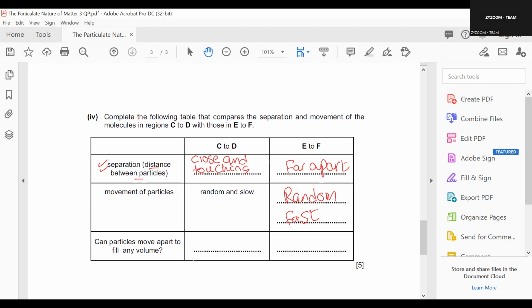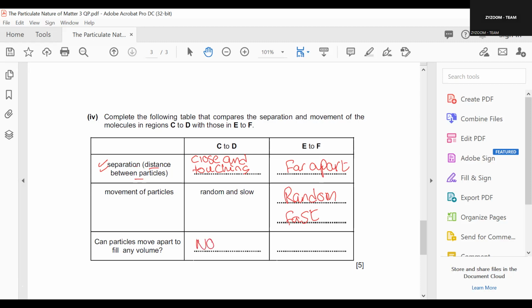Can particles move apart and fill any volume? For the liquid, they take the shape of the container. Read carefully. Is the question asking you for changing shape or changing the volume? Changing the volume. So can you say yes? Yes.